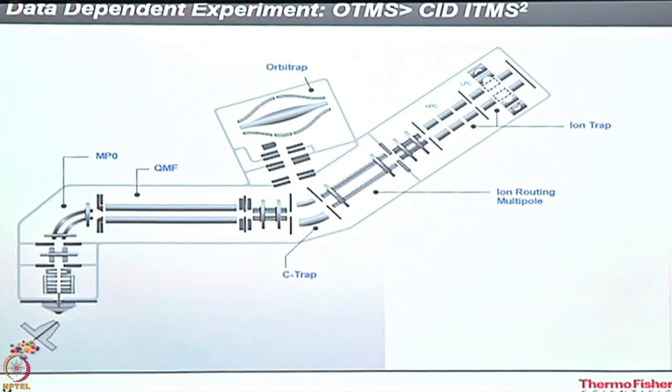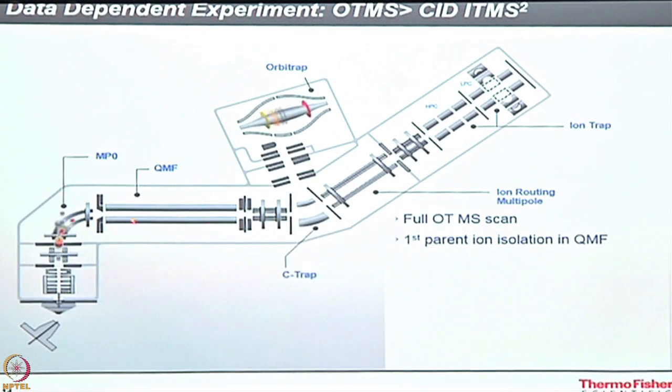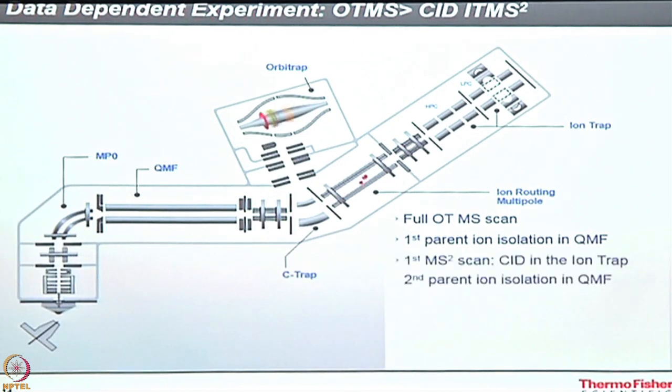So the first full MS will go. It will first stop here, then come to the Orbitrap. While the full MS is going on, we are doing things in parallel. The first parent ion has been selected here and will be stopped there first. Then it will go for fragmentation in the HCD cell. While it is fragmenting, the second ion is waiting here.